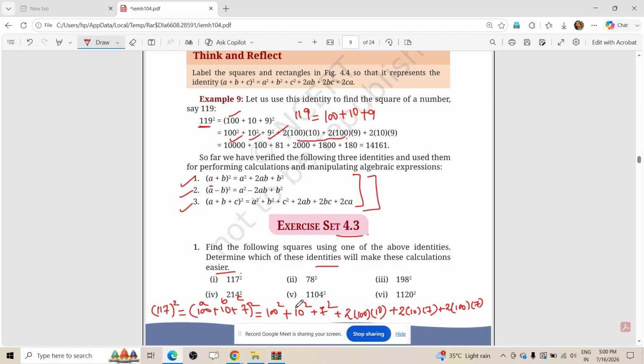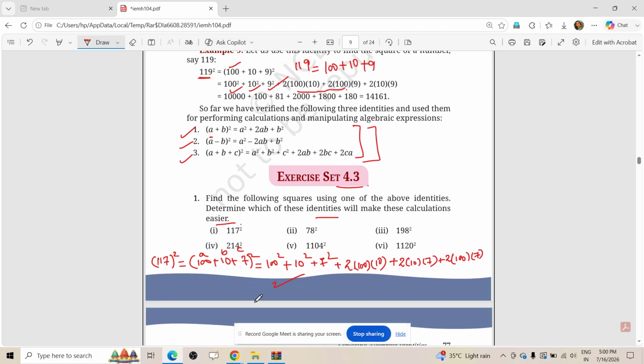When you calculate all these things, you will get the answer for 117 whole squared.